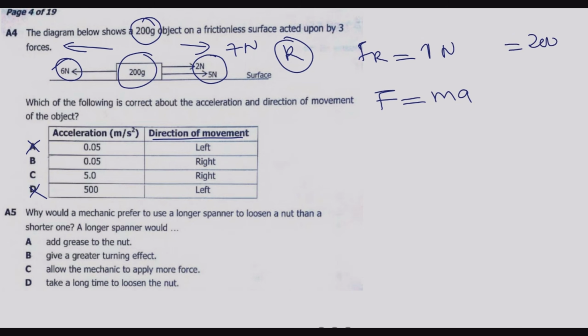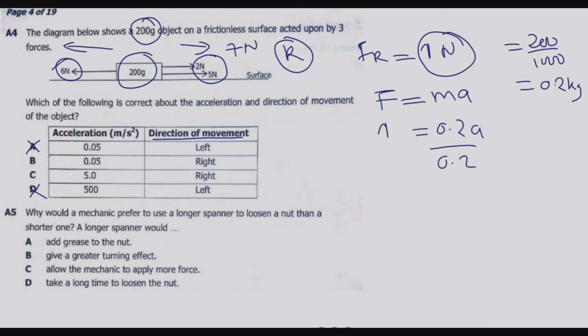So 200 divided by 1000, we end up with 0.2 kg. So we have 0.2 kg times acceleration is equal to the resultant force, which is 1 Newton. Then at this point, to find a, we just divide by 0.2.